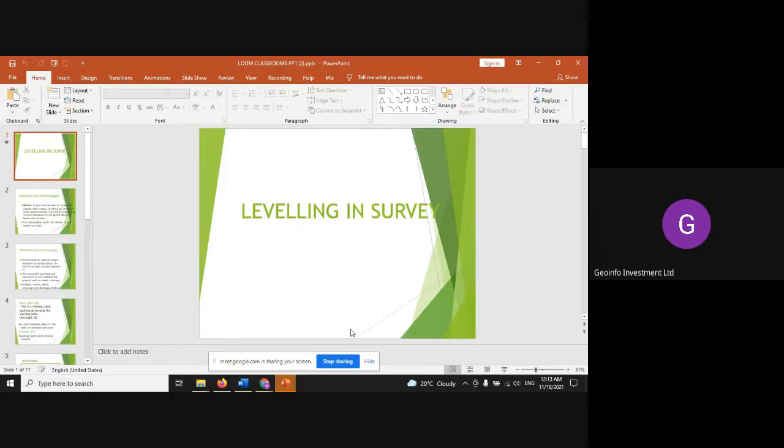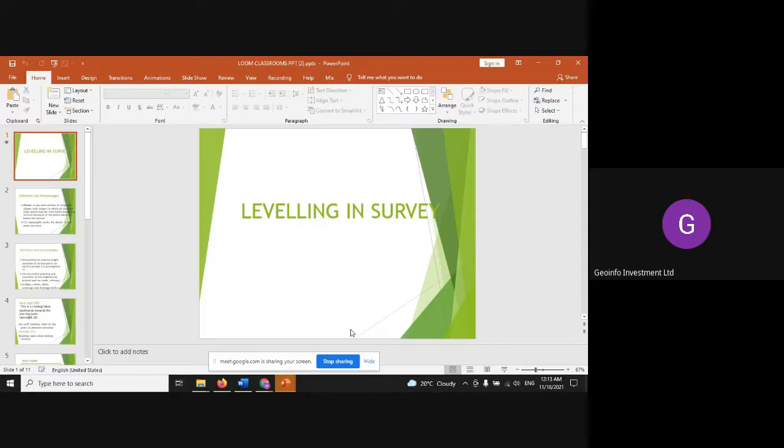Now, in today's lesson, we want to learn about the procedure of leveling. But first, we want to remind ourselves of our previous topic, whereby we were discussing booking of staff readings.